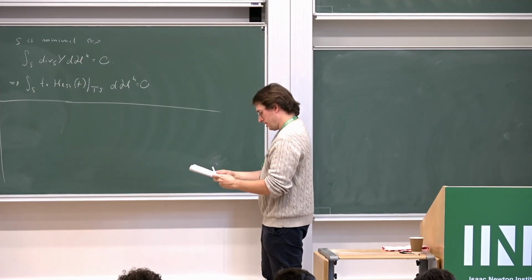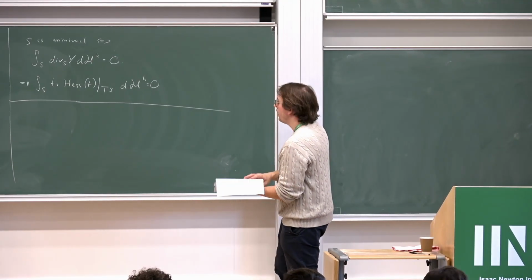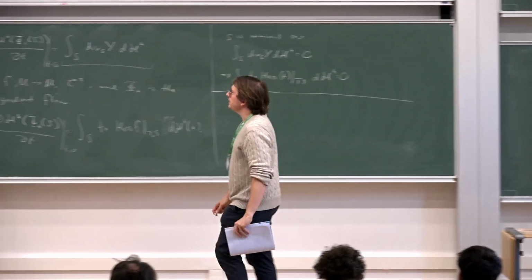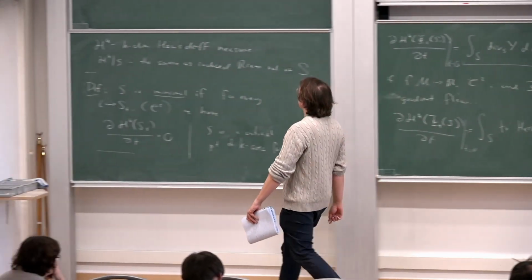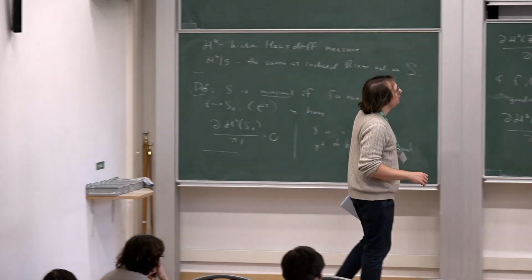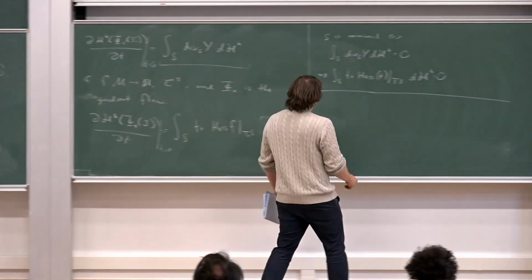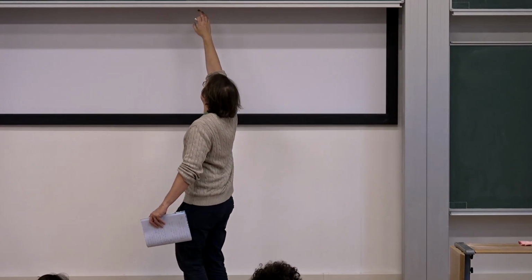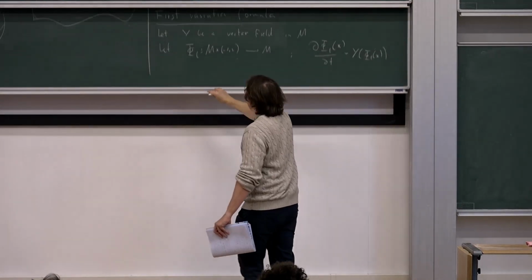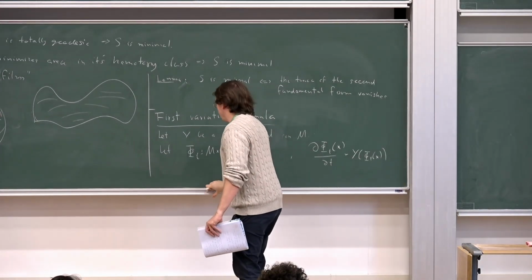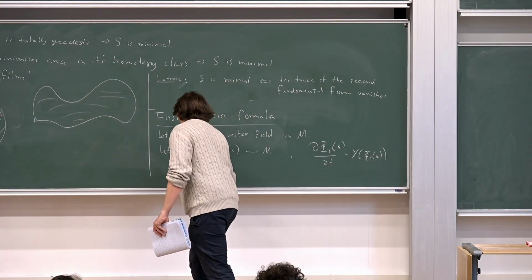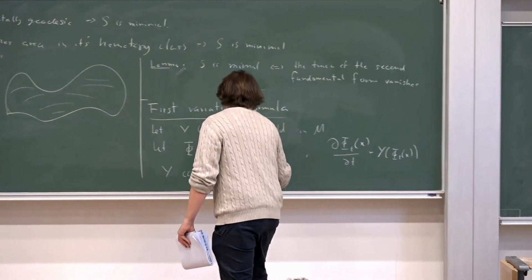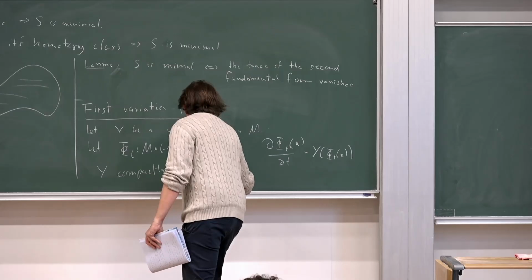Okay, so now what else can I say? I didn't really assume that my Riemannian manifold is compact yet. So to avoid problems with convergence, let me add this condition here that Y is compactly supported.